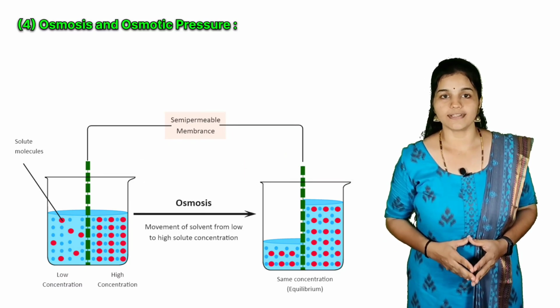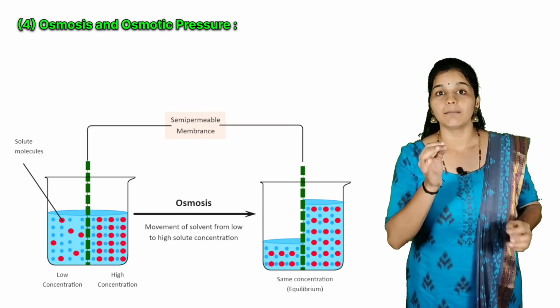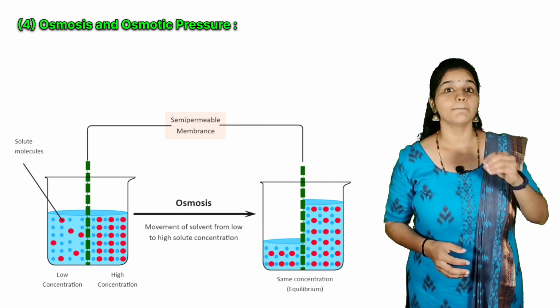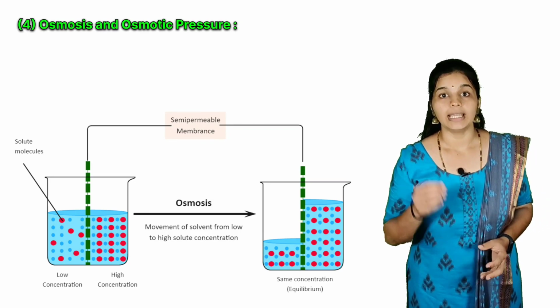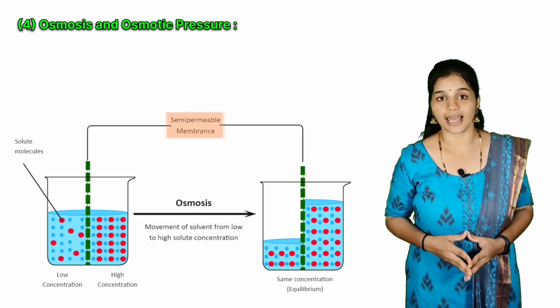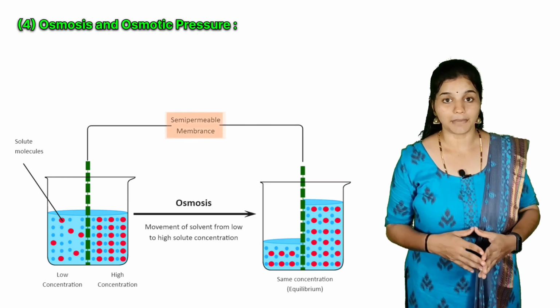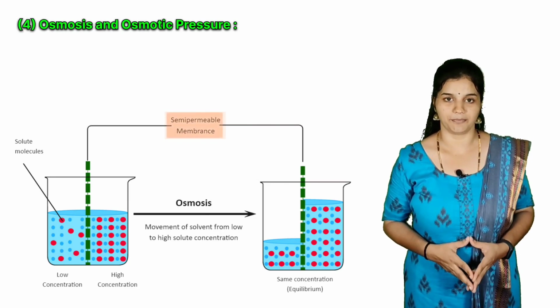Small solvent molecules like water can pass through these holes, but bigger molecules like solute cannot pass through. Membranes having this kind of properties are known as semi-permeable membranes. In short, they are known as SPM.